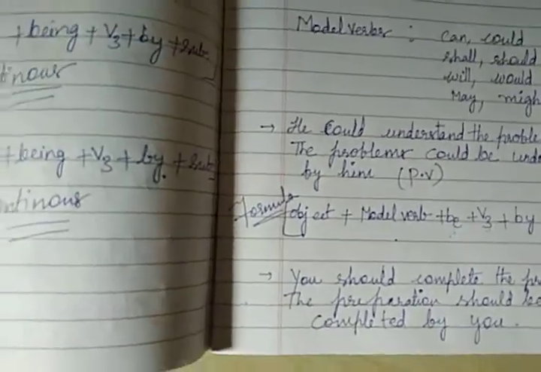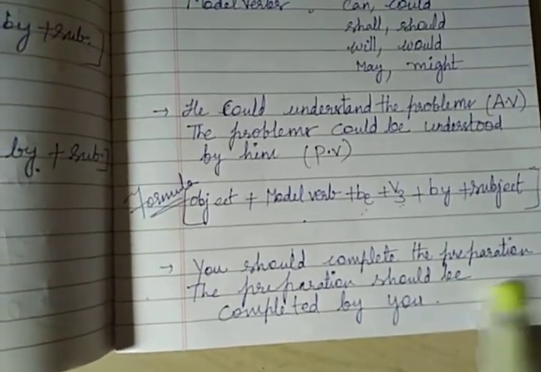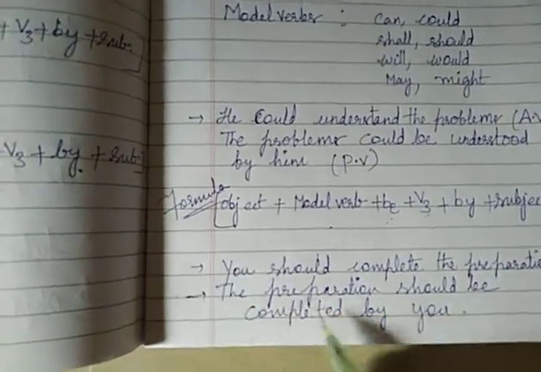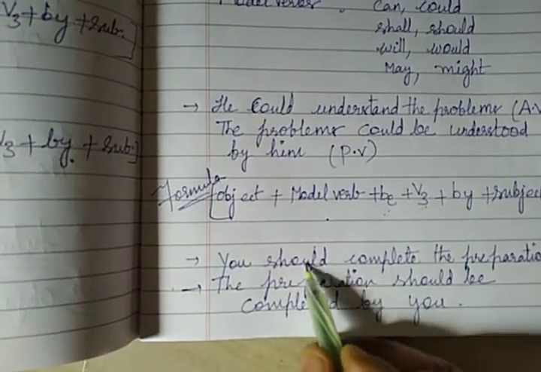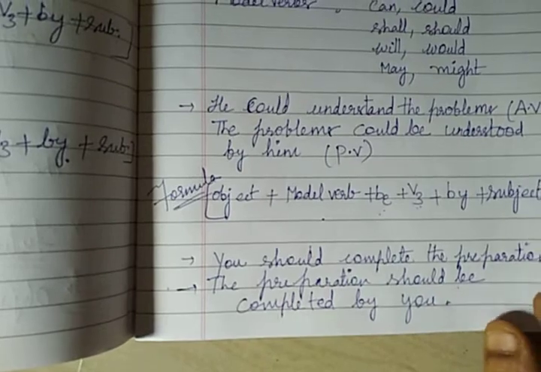So, you should complete the preparation. It's an active form. So, in passive voice, the preparation should be completed by you. Okay? It's a passive voice. Now, coming to the next.